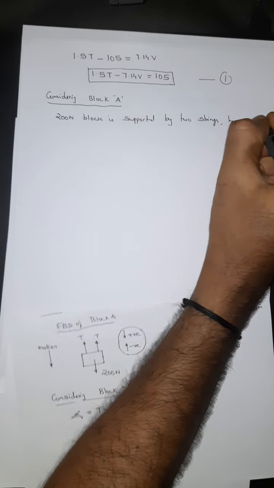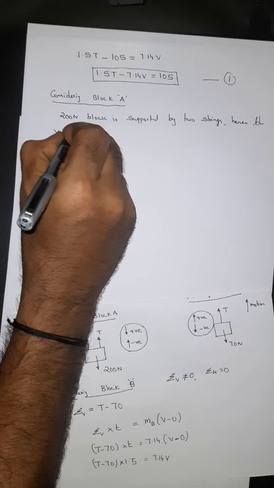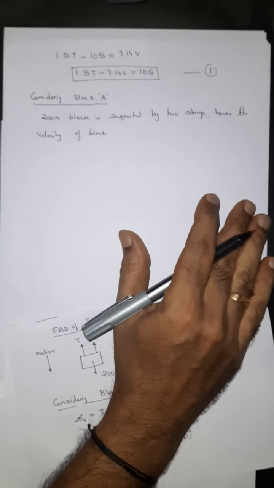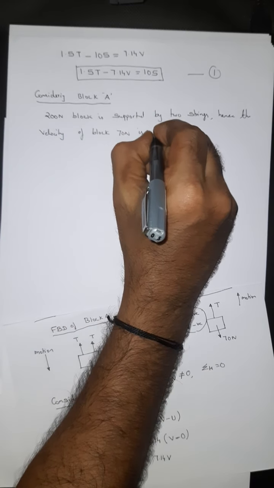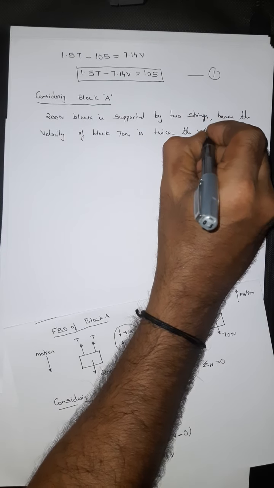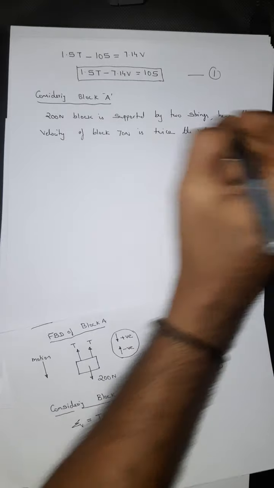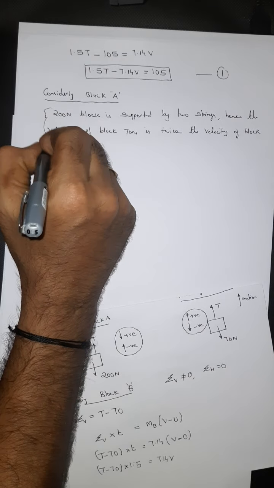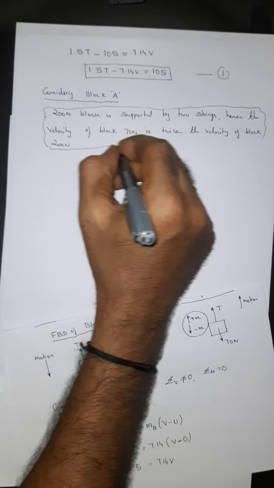Hence, the velocity of the 70 Newton block is twice the velocity of the 200 Newton block. So you just take a note of this.